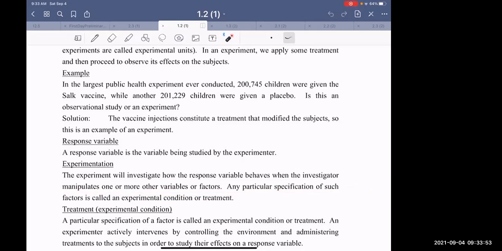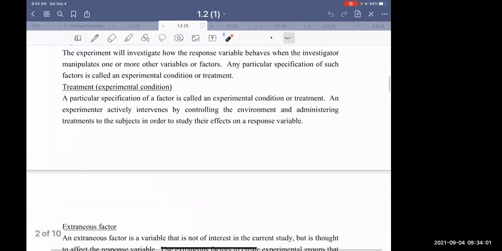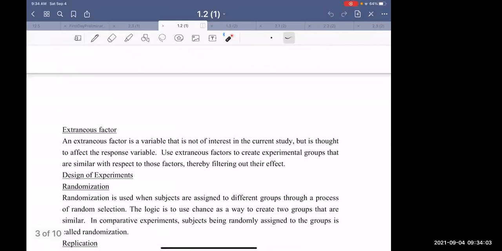Any particular specification of a factor is called an experimental condition or treatment. So, an extraneous factor is a factor that's not of interest in the current study, but it's thought to somehow affect the response variable.